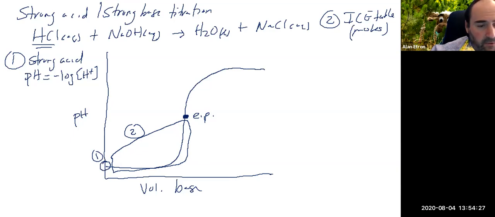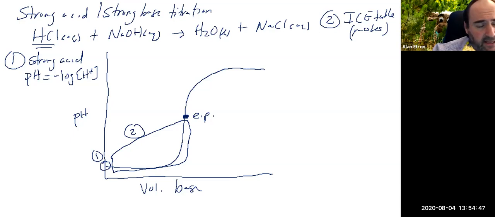And really the only purpose of this ice table is that at this point in the titration, for example, adding the sodium hydroxide in the burette to the HCl that's in the flask, the HCl is the excess reagent. The sodium hydroxide at this point is the limiting reagent.